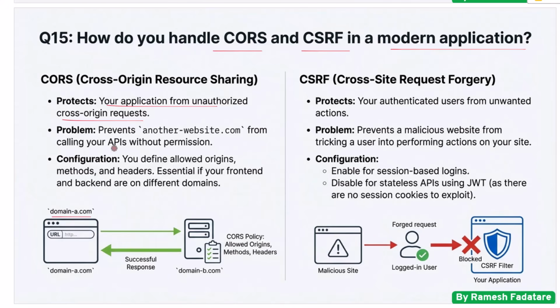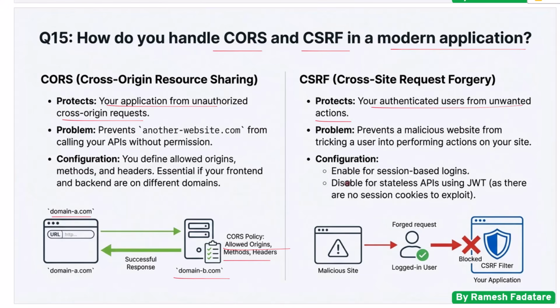You configure CORS rules using allowed origins, allowed methods, and allowed headers. If the front end and back end are on different domains, CORS must be configured properly, or the browser will block the request. CSRF protects authenticated users from unwanted actions triggered by malicious websites.